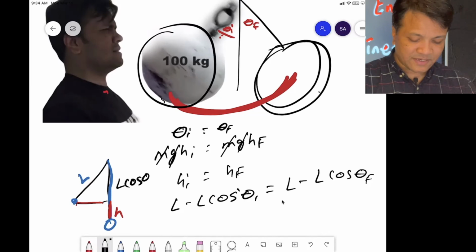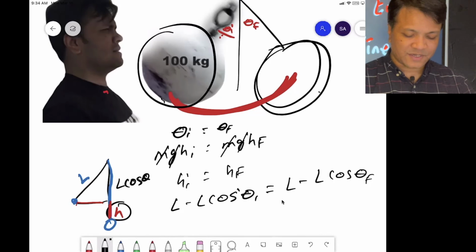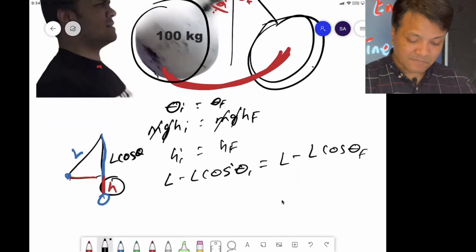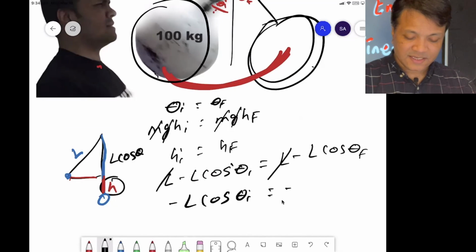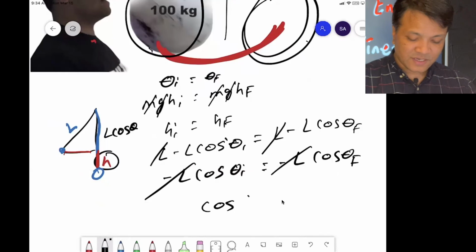So L minus L cosine theta is actually h. So you can cancel L and L, so negative L cosine theta initial equals negative L cosine theta final. You can cancel the negatives and L, so you have cosine theta initial equal to cosine theta final.